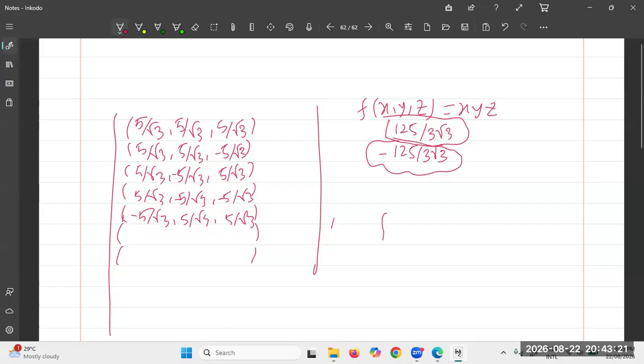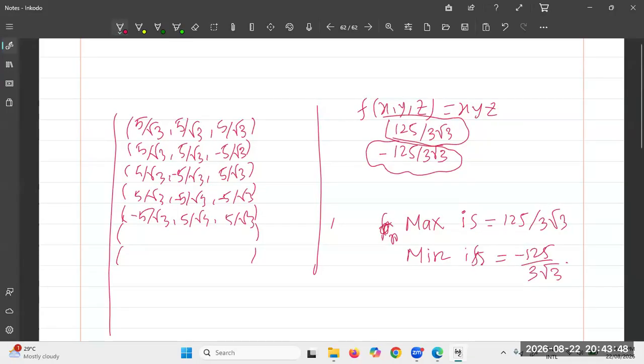So that is the maximum possible value of this function. The maximum value of this function is 125 divided by 3 root 3, and the minimum value of this function is negative 125 divided by 3 root 3.